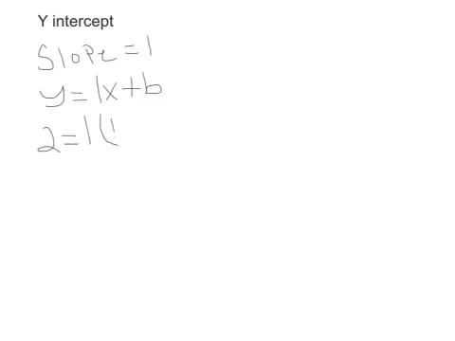1 times 1 plus b. So now we have 2 equals 1 plus b. So if we subtract 1 from both sides, then we will be getting 1 equals b.